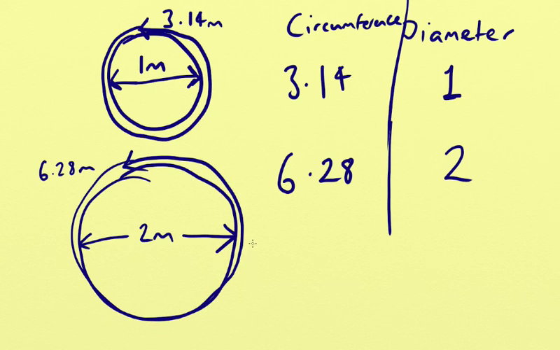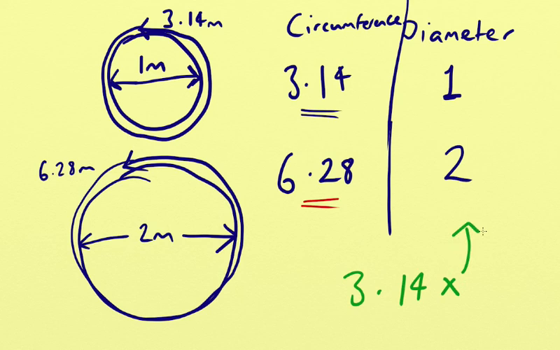As you can see, if we compare this number with this number, every single time the circumference is 3.14 times bigger than its diameter.